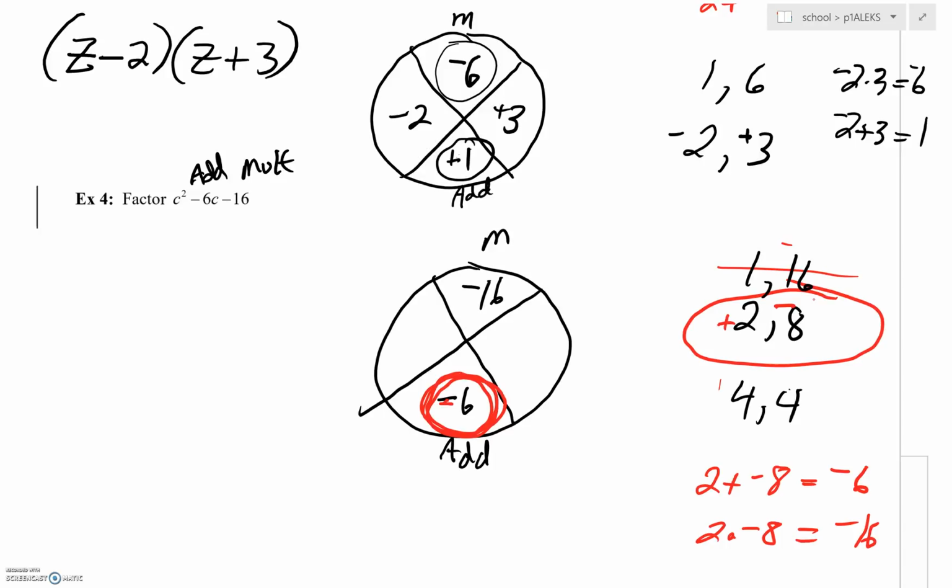Okay? So what's your final answer? Well, we don't have an X, we have a C. So it's C plus 2 and C minus 8. I do want to say this. If you ever were nervous and if you were worried about whether this was correct, you could multiply it out and confirm that it works.